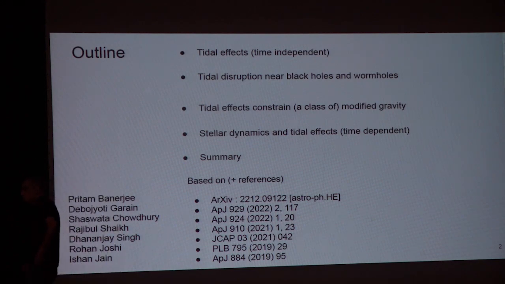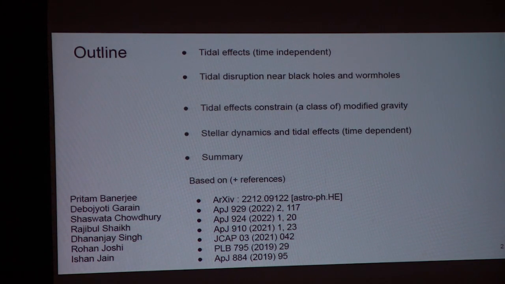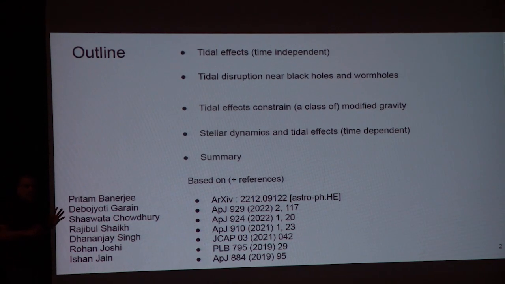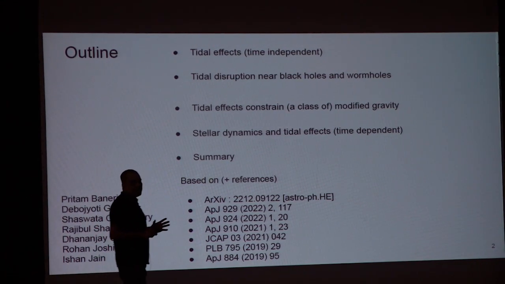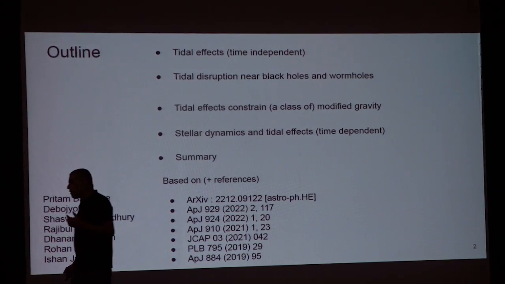Then we will talk about tidal disruptions near black holes and wormholes, and I will try to show you how a very classical, rather Newtonian, result gets modified in the presence of GR, and how, because we know that near wormholes some of the energy conditions may not be satisfied.